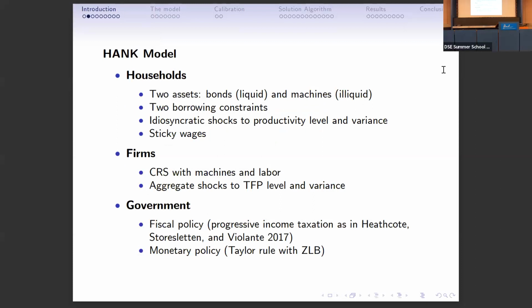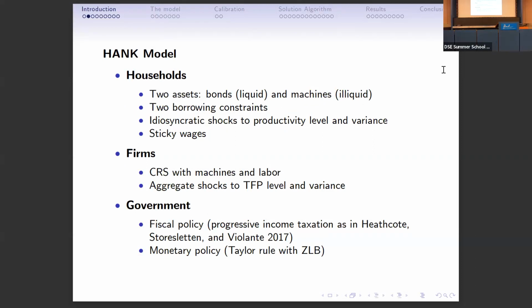So let me start from the model and outline. We study a standard HANK model with wage rigidity. The reason we consider wage rigidity rather than price rigidity is that, as you know, in the model with price rigidity, you have counter-cyclical profits, right?